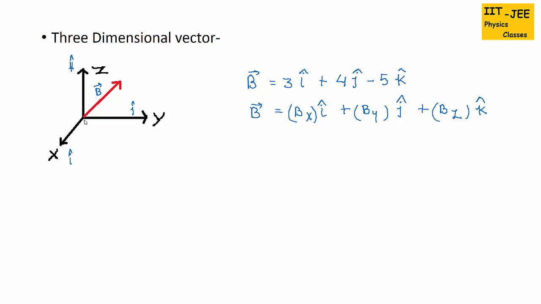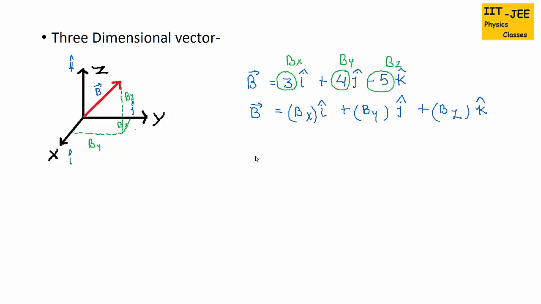It will look like this in the figure: this is our by, bx, and the vertical component is the bz. So here 3 is bx, 4, which is the coefficient of j, is by, and minus 5 is bz.